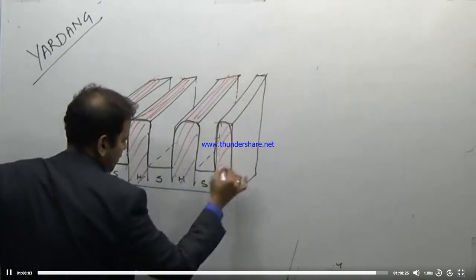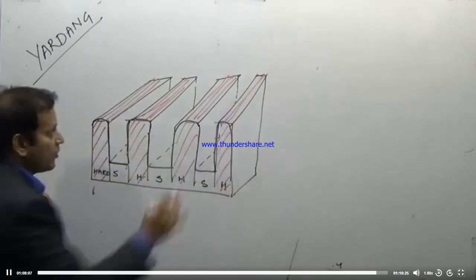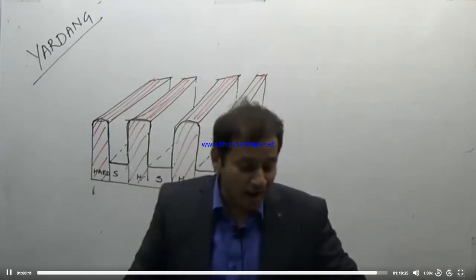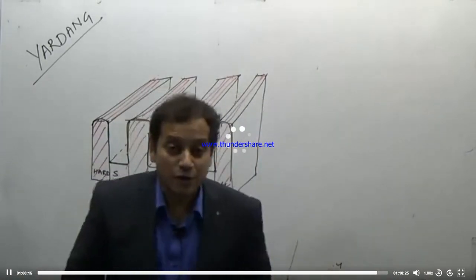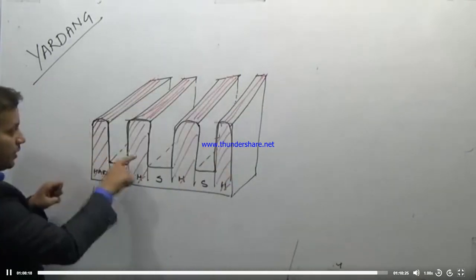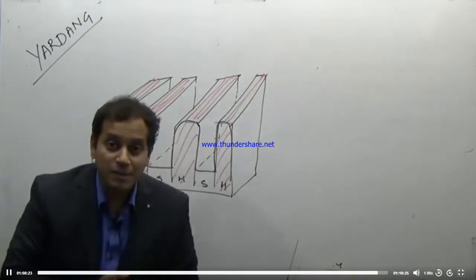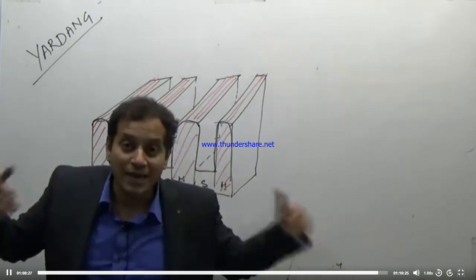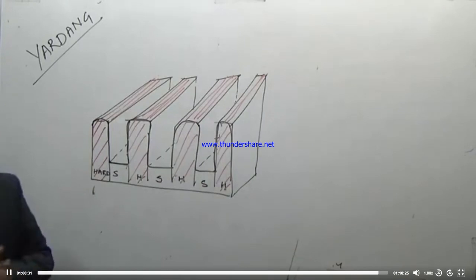So there will be a differential arrangement of hard, soft, hard, soft, hard rocks, a topography in which it looks like a mountain, then road, mountain, road, mountain, road. In such an arrangement, soft rocks are eroded away to give rise to a natural highway in the desert. Such landforms are known as yardangs.